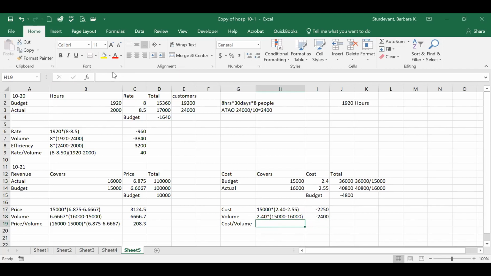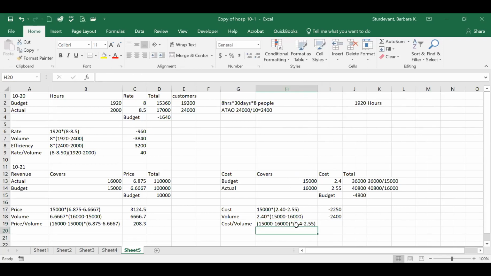And then we just bring down the parentheses. That one again comes out positive because you have two negatives.